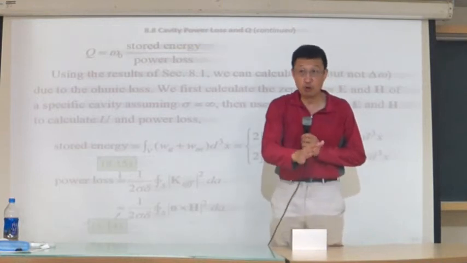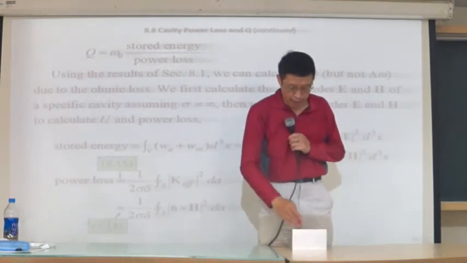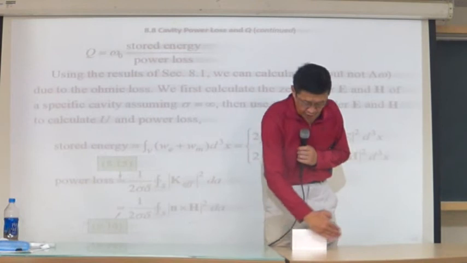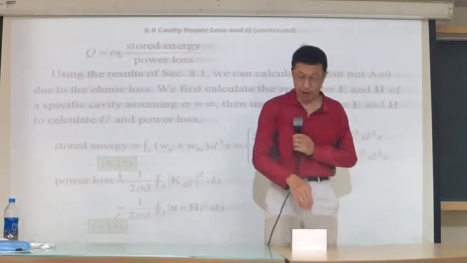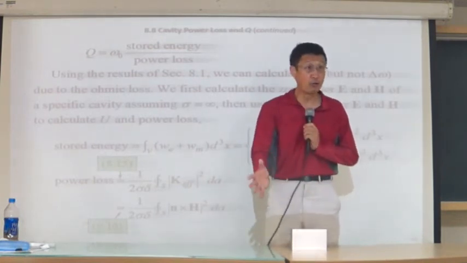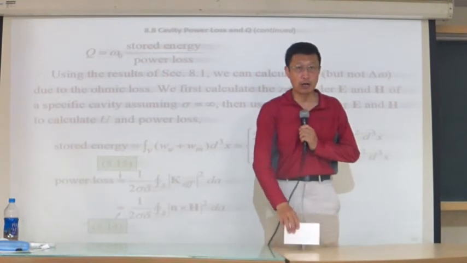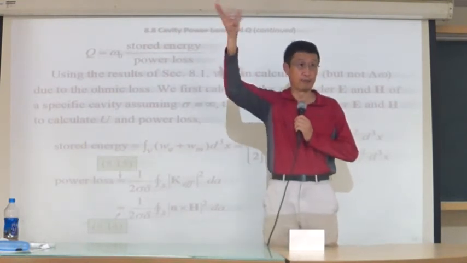And you can double check with Ampere's law. Ampere's law tells us that a current here will generate a magnetic field here. That's correct. So you can always check with your right hand.